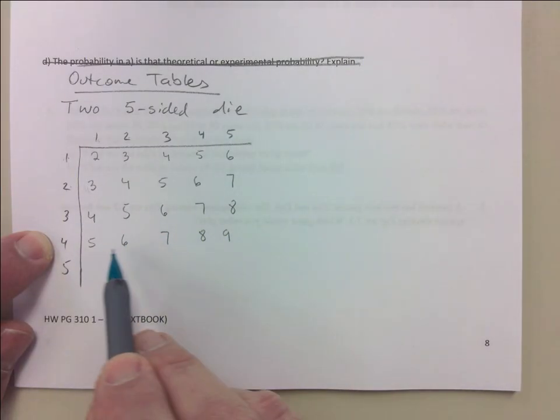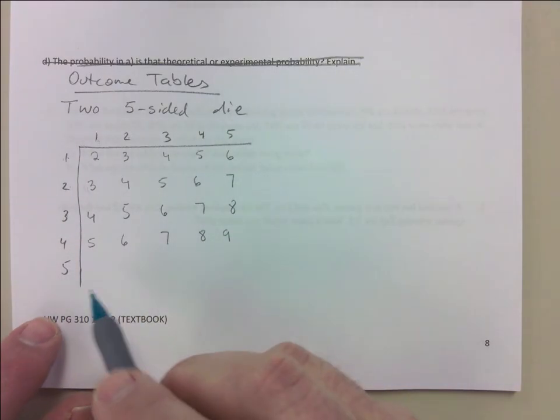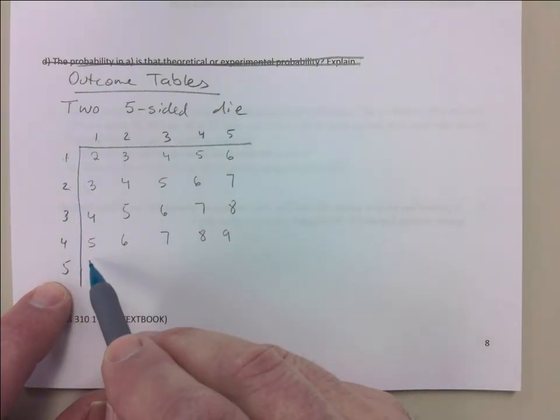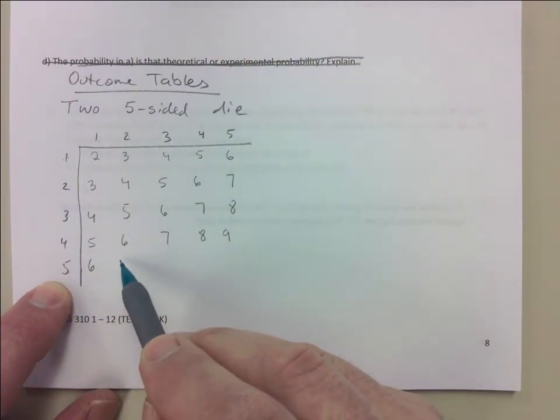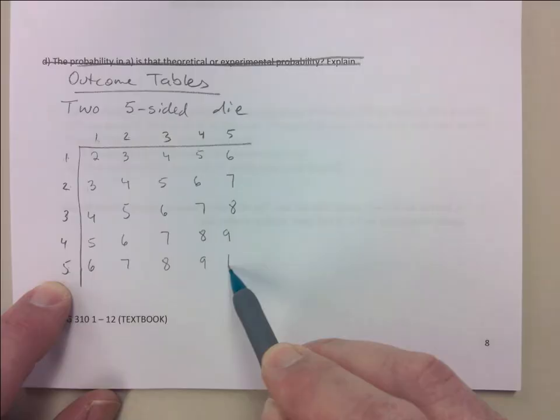If you follow that every time, you're going to get the same. 5 and 1 is 6, 5 and 2 is 7, 5 and 3 is 8, 9, 10.